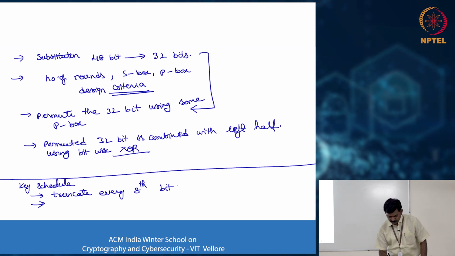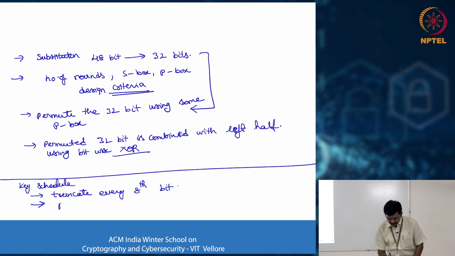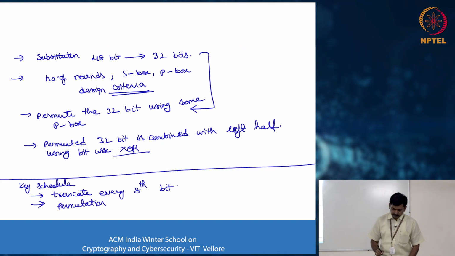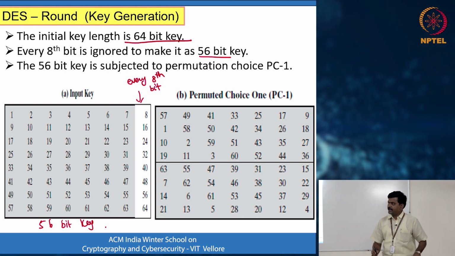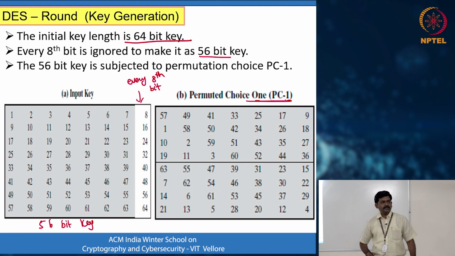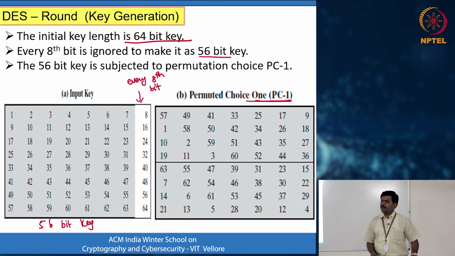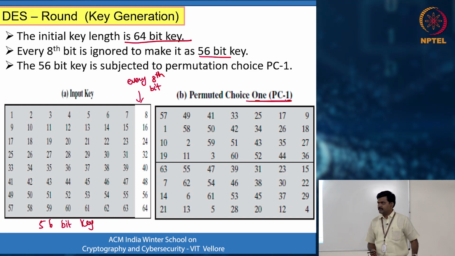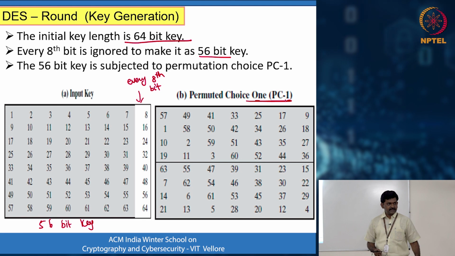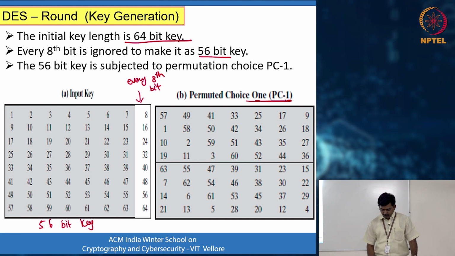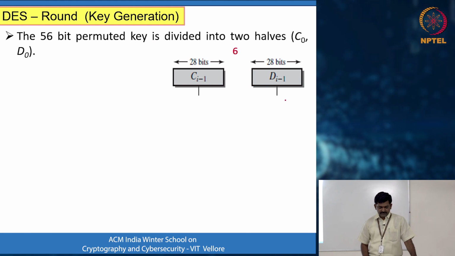Then it undergoes the permutation operation, using a table called the PC1 table. Again, the table is fixed. Nobody expects you to remember all these tables. They are widely available. Generally students ask whether the table is asked in the exam; nobody asks. So these are all fixed tables.